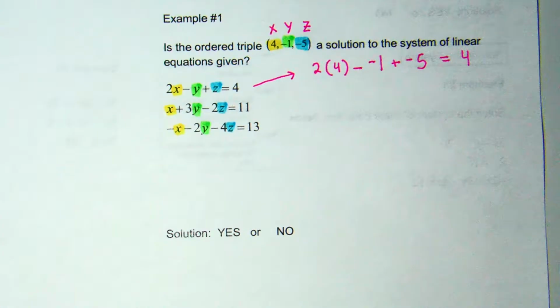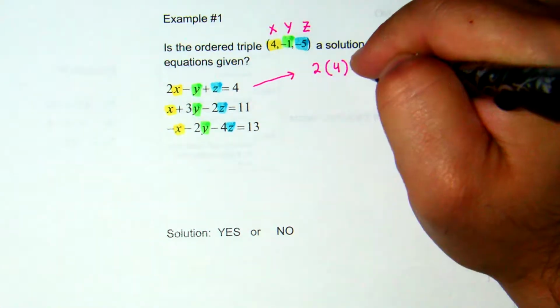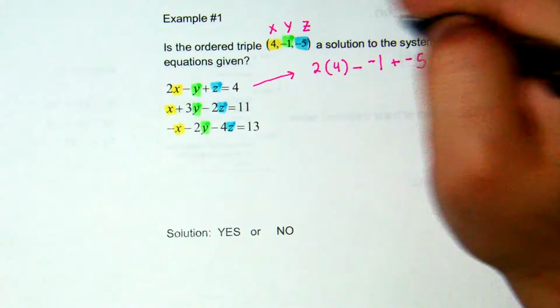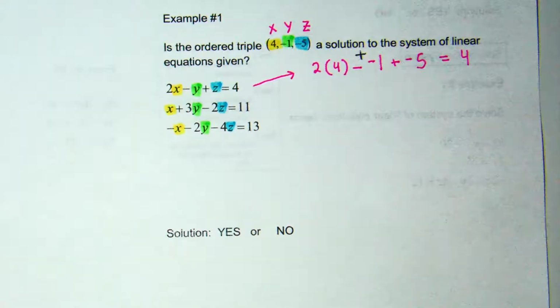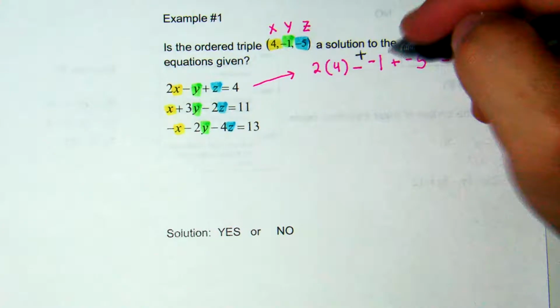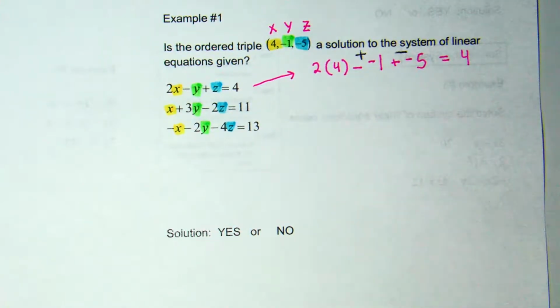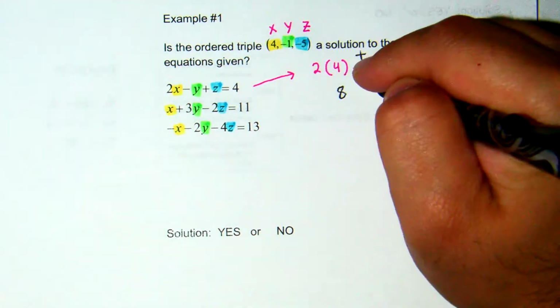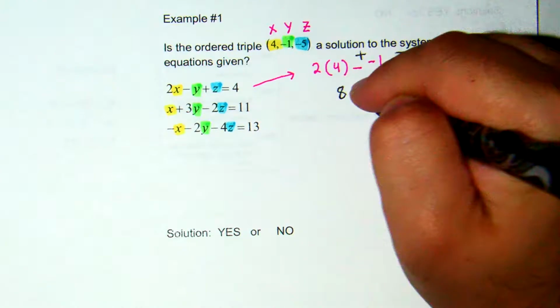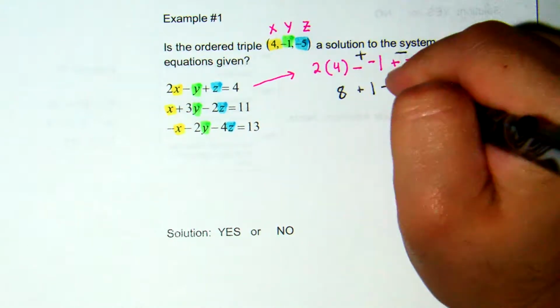Okay, let's test this out. Some of the things to talk about: when I subtract a negative number, negative times negative is positive, so it turns this into addition. And positive times negative is negative, so it turns that into subtraction. So what we get is 2 times 4 is 8, minus -1 is like adding 1, and plus -5 is like subtracting 5.